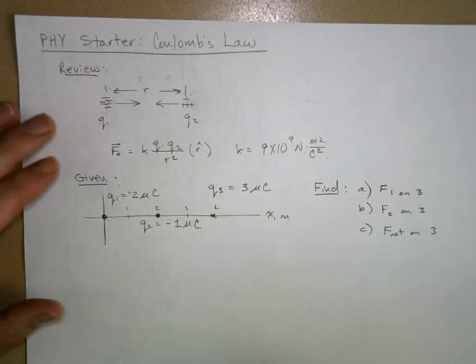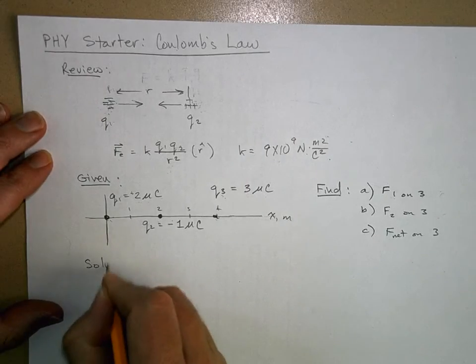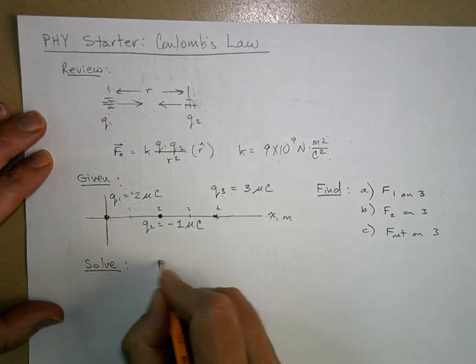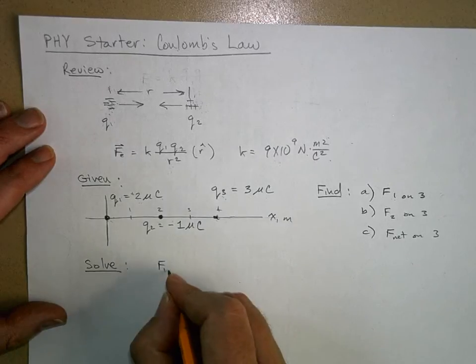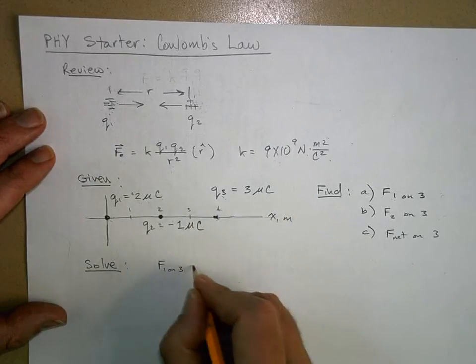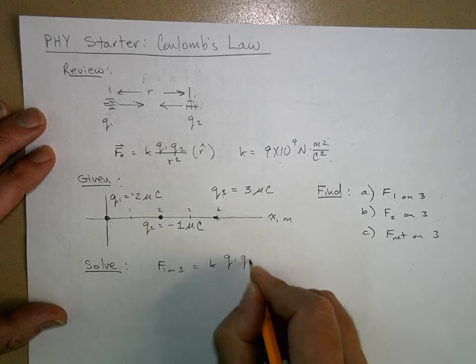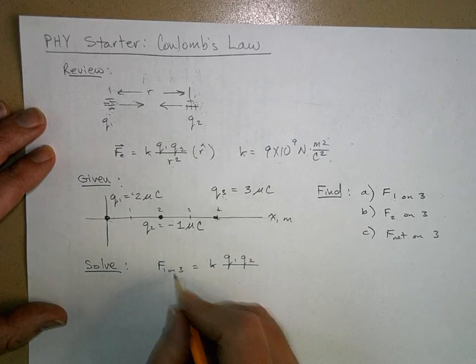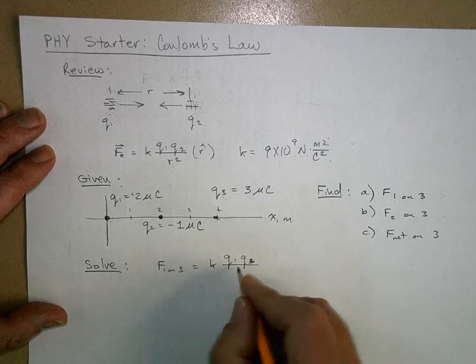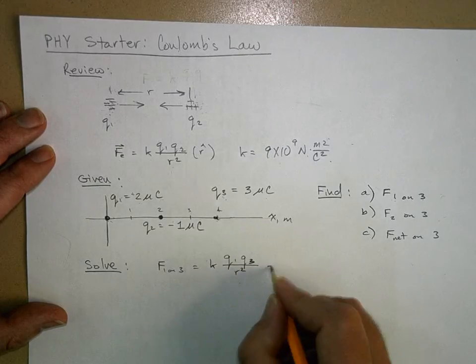Okay, so let's solve it. Let's figure out what the force of 1 on 3 is. It's k times Q1 times Q3 over r squared. That's the generic term.